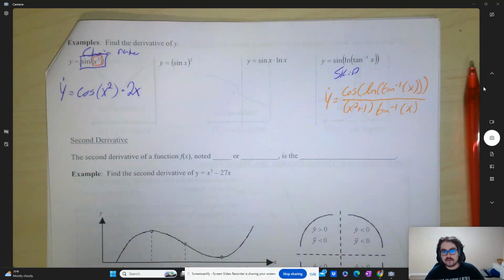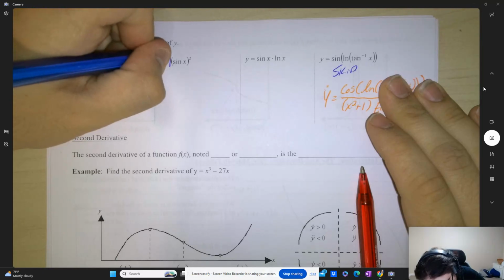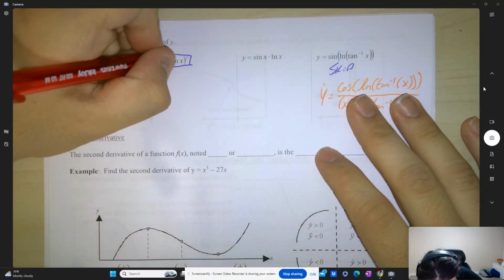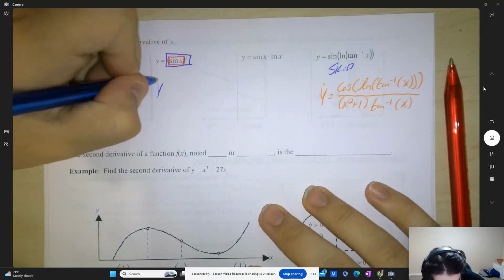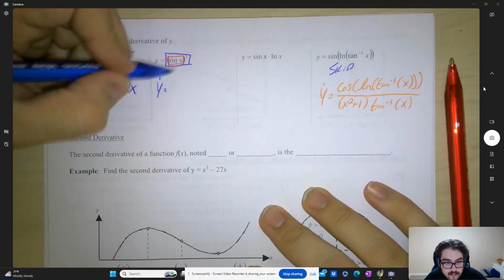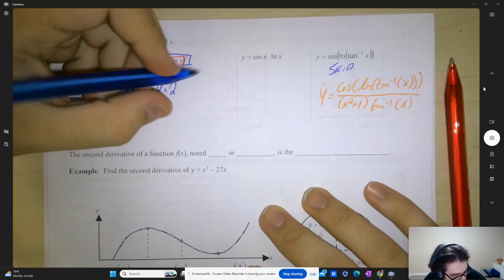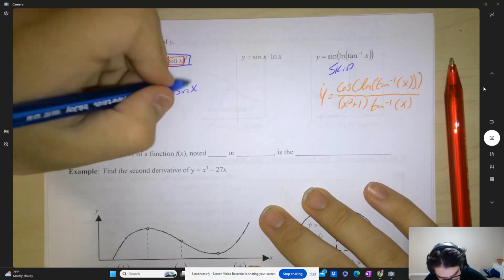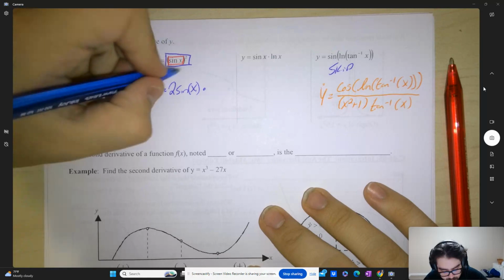This is also chain rule. You know why? Because you have an interior and exterior function. Believe it or not, your exterior function is actually this right here, x squared, and your interior function is the sine of x. So when I take the derivative of the exterior function, I get 2 sine of x, and I multiply that by the derivative of the interior.